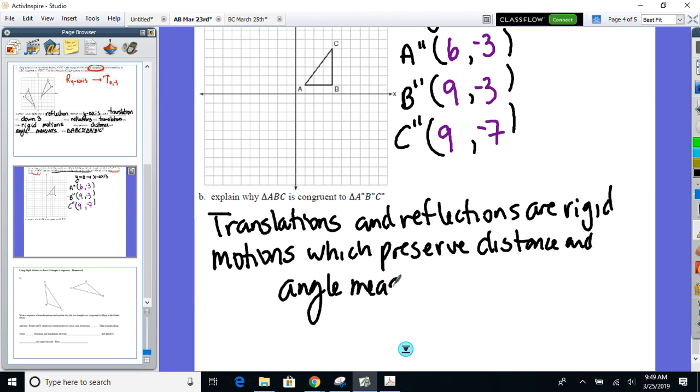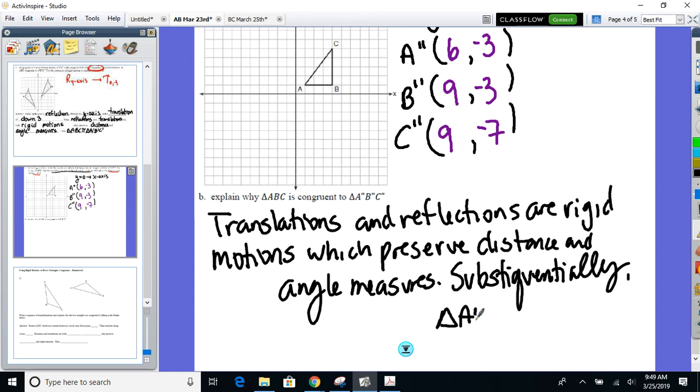And then what word are we using here? Subsequently. Triangle ABC is congruent to triangle A double prime, B double prime, C double prime. Thank you.